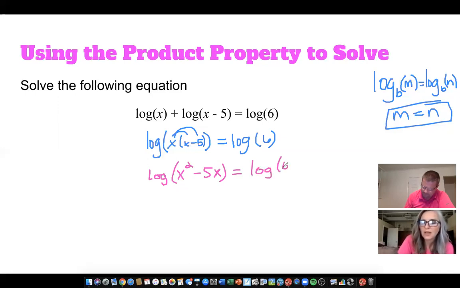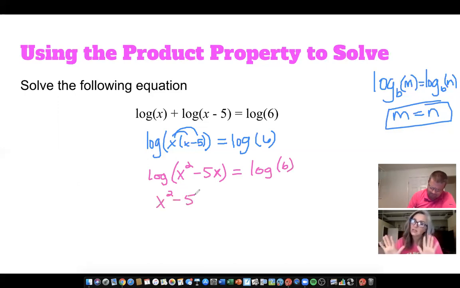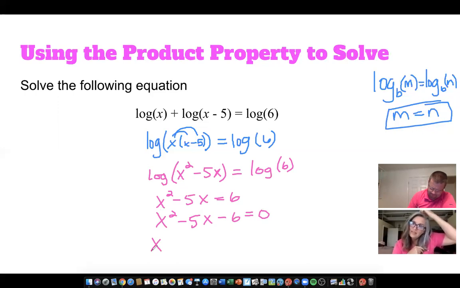So at this point, we are no longer concerned about the logs, because what's inside has to be equal to what's inside. So we're going to just drop the logs off the equation. x squared minus 5x equals 6. Looks like a quadratic. I might try to factor it, so I would subtract the 6 over. Factors of -6 that add to get -5 sounds like -6 and +1, giving me two solutions, x equals 6 and x equals -1.